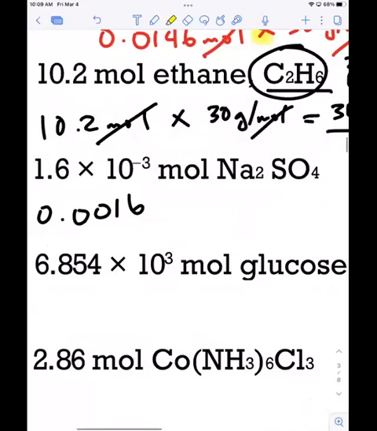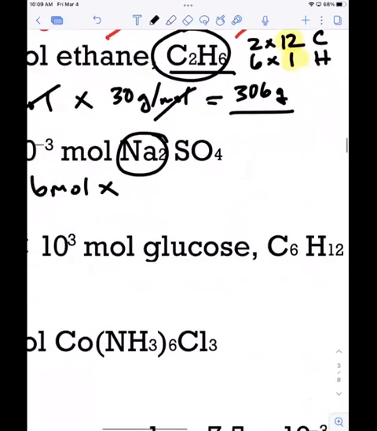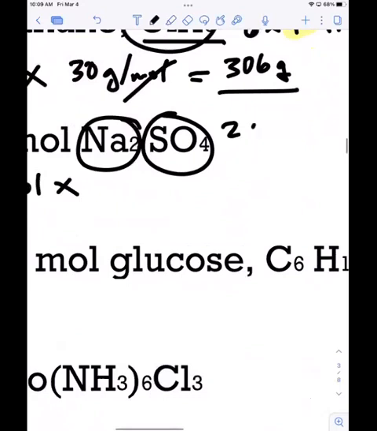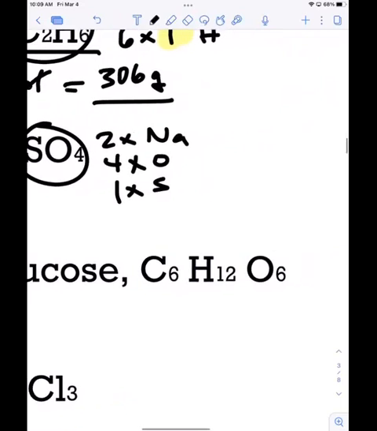So this is this. We've got to find the formula weight or formula mass for sodium sulfate. So that's going to be what? 2 times sodium, and then 4 times oxygen, and then 1 times sulfur. So this is going to be 64. I think sulfur is 32, and then sodium, I'm drawing a blank. What is sodium?